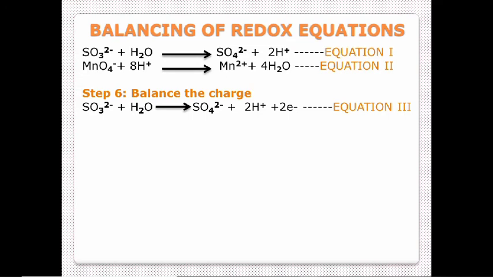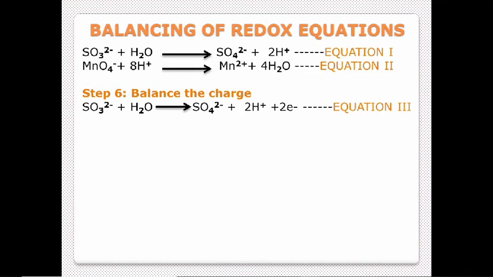We have minus 1 plus 8 on the reactant side of equation 2, and that gives us plus 7. While the manganese ion on the product side of equation 2 is going to give us 2 plus 0, which is that of the water molecule. Therefore, we have 2 plus on the product side of equation 2 as a charge.